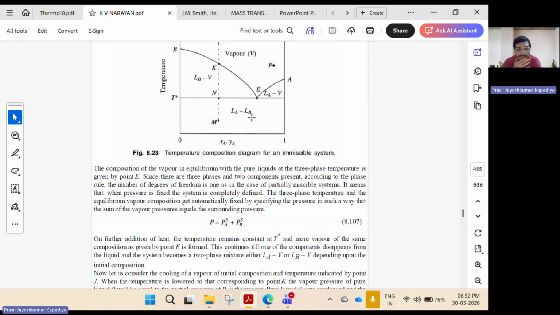Since there are three phases and two components, according to the phase rule the number of degrees of freedom is F = C minus P plus 2.